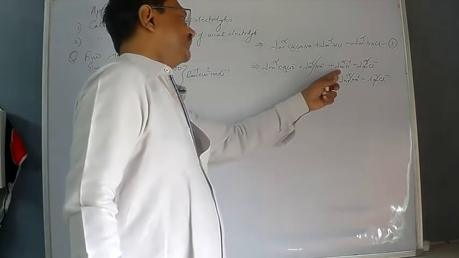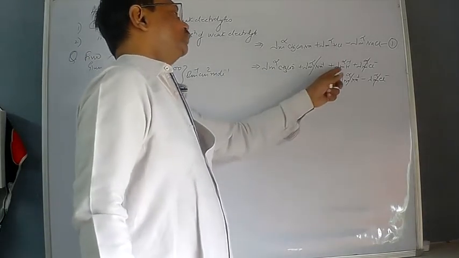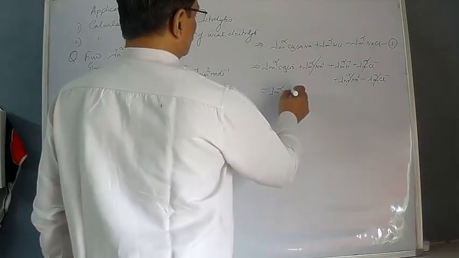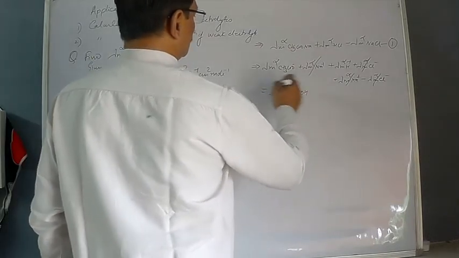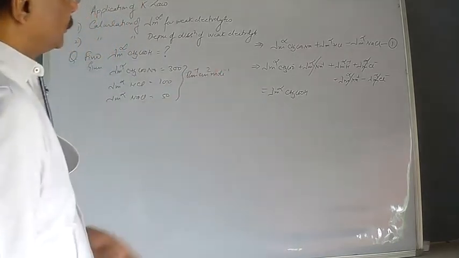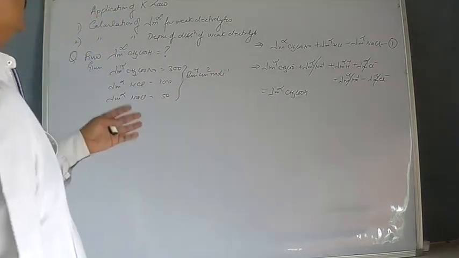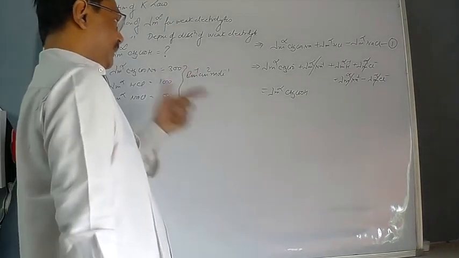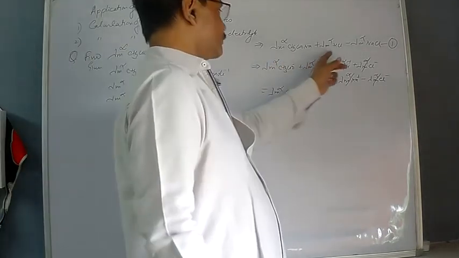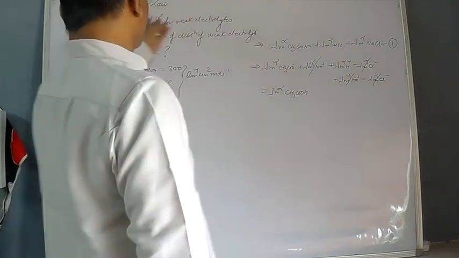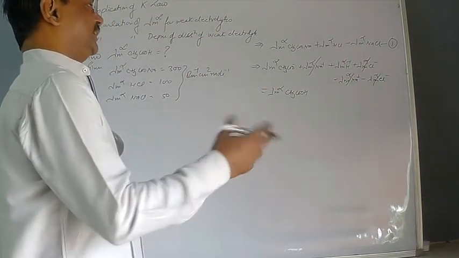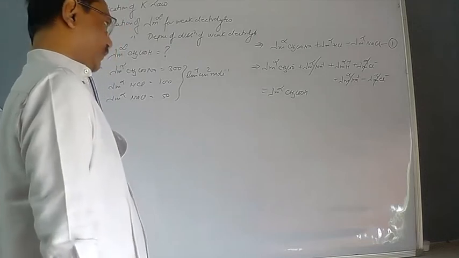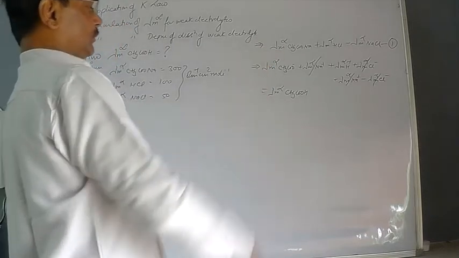Acetate ion and H plus ion, and when you add these two, you get your acetic acid. So this was the application of Kohlrausch law. He simply said that by addition and subtraction, if, I repeat again, if the molar conductance of strong electrolytes which are common to the weak electrolyte are known, then by simple addition and subtraction we can very well find the molar conductance behavior of the weak electrolyte also, as you have seen in this equation.